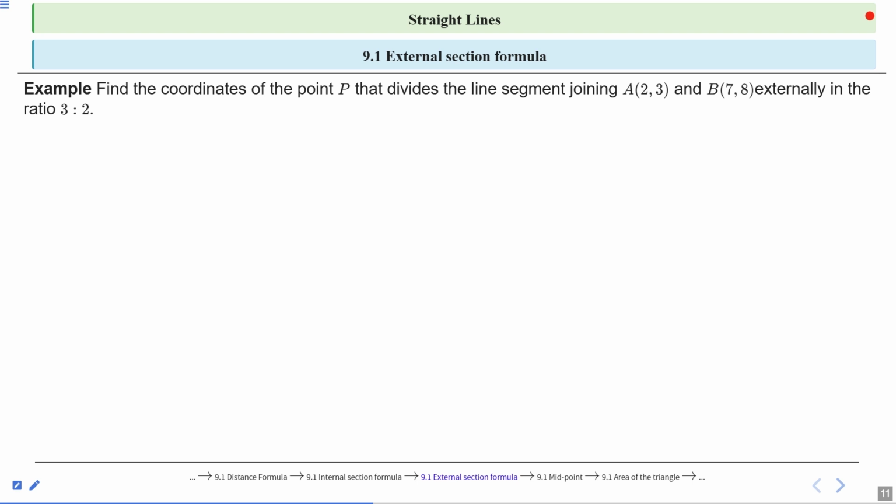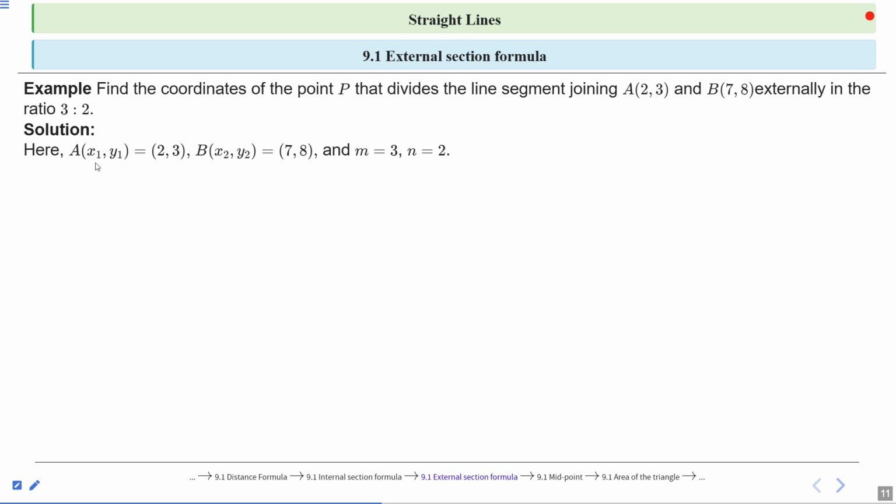Okay, so students, first of all, try it yourself. You have to find the coordinates of the point P. So try it yourself. So let us see the solution. Here the coordinates of A are 2, 3.